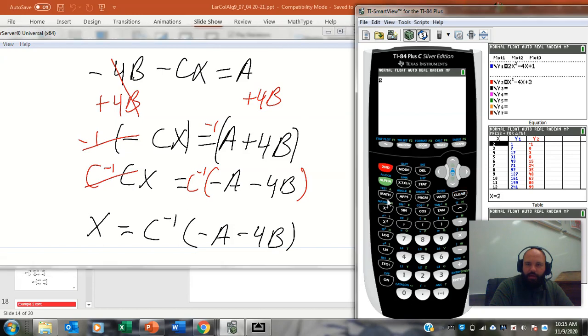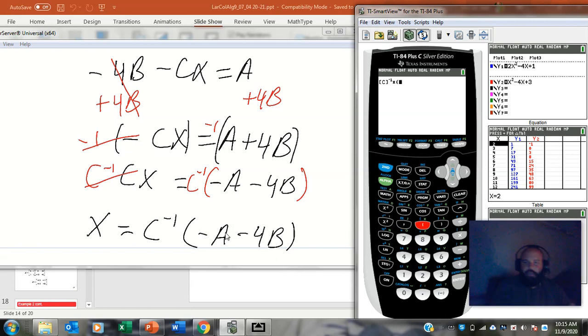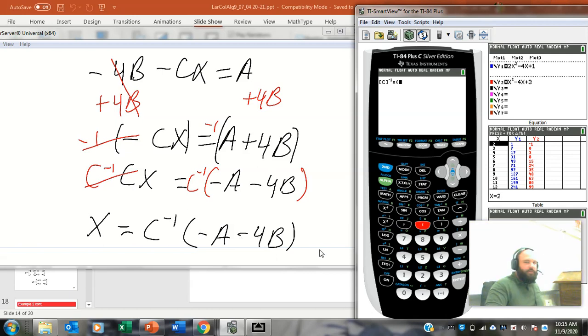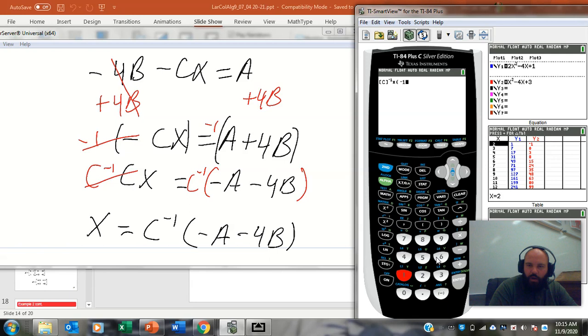So we'll start with second matrix C, make it inverse, and then we have times, and then we have, and this is important, you can't just put negative matrix A, you need to write -1 times matrix A minus 4 times matrix B. And then you close out your parentheses like that.